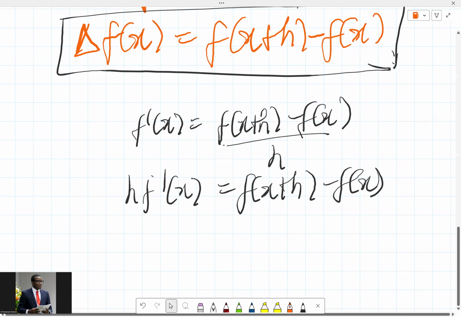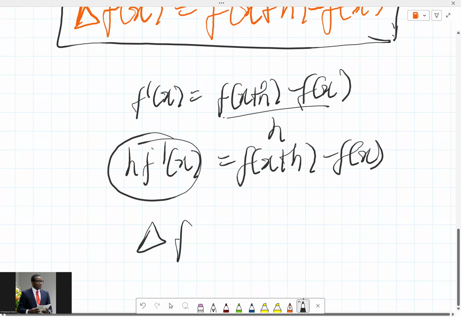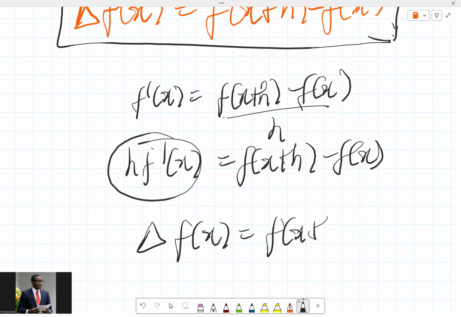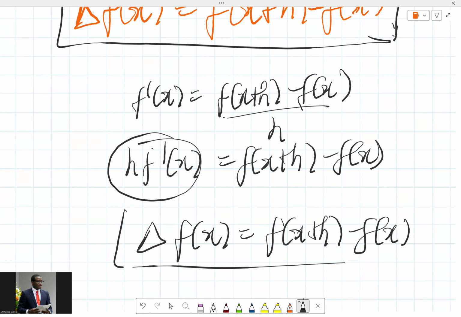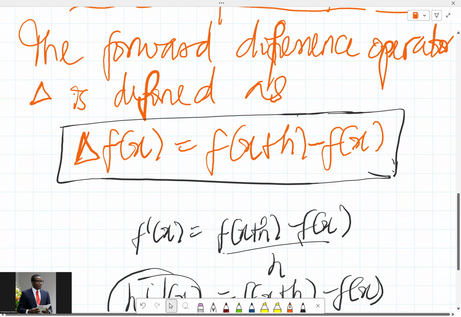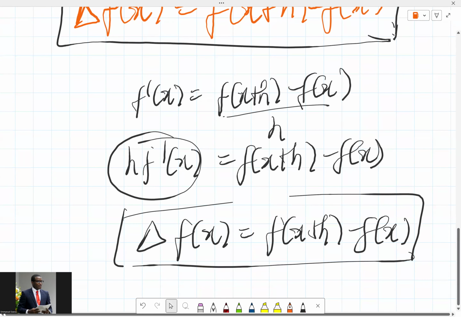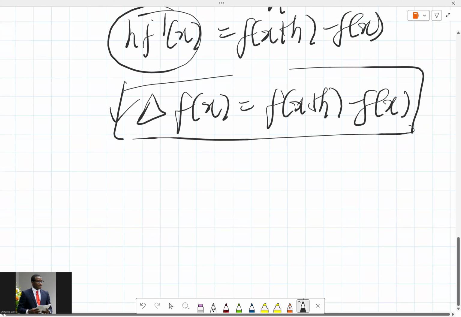This expression is what we call delta f of x, equal to f of x plus h minus f of x. That's how we arrive at the expression we have up there, which I didn't mean to do, but it's fine that I did.